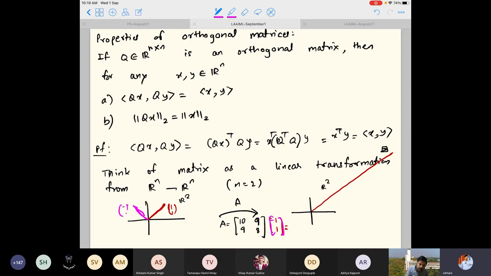Though these two vectors look like they are on the same line, they are actually not. My drawing is really not good. And this is (19, 17).